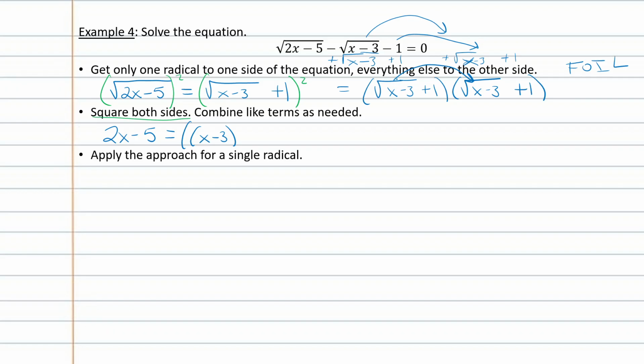The second thing that I'm going to multiply is the square root of x minus 3 times 1. Well, that's just going to give me the square root of x minus 3 times 1. And then I'm going to multiply 1 times the square root of x minus 3.